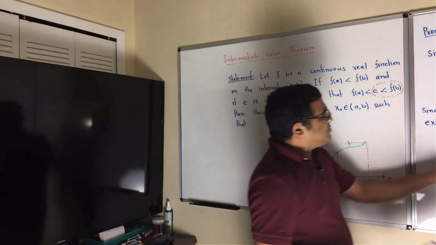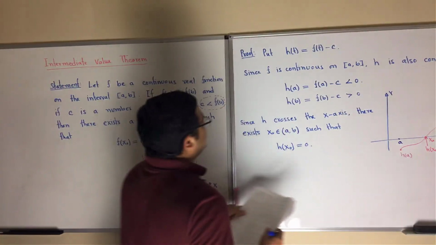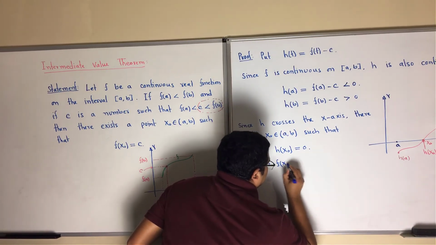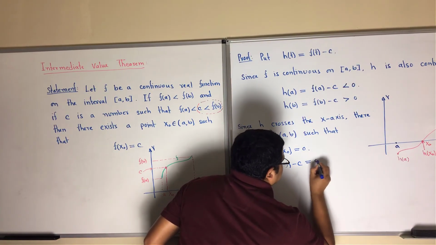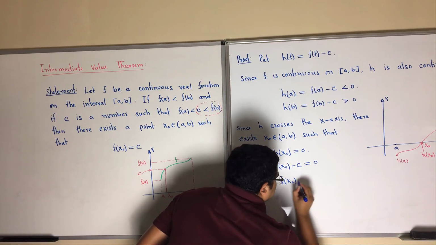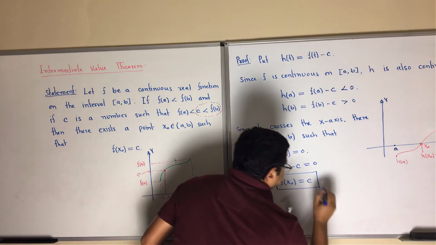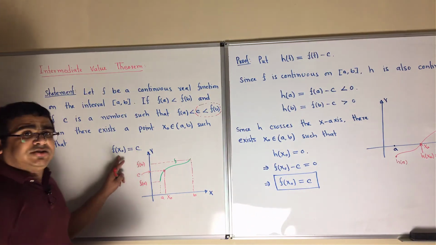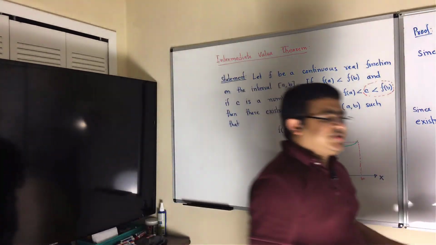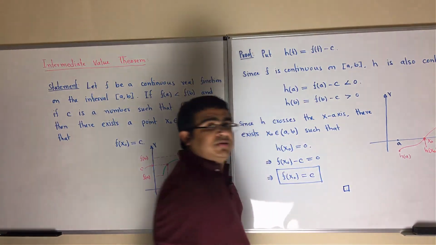Now if h of x0 is 0, then from here we can write f of x0 minus c equals 0. That means f of x0 equals c, and this is what we need. So this completes the proof. Thanks for watching.